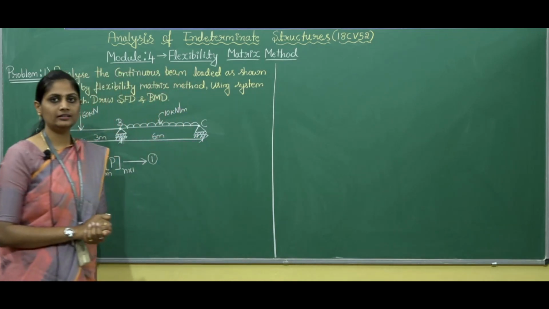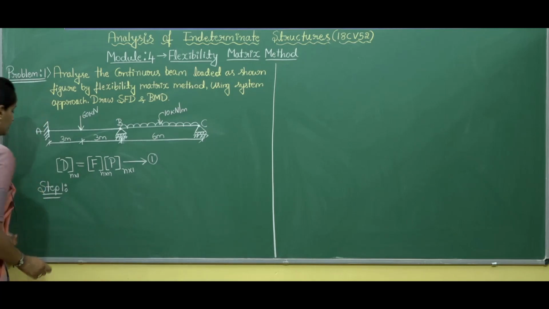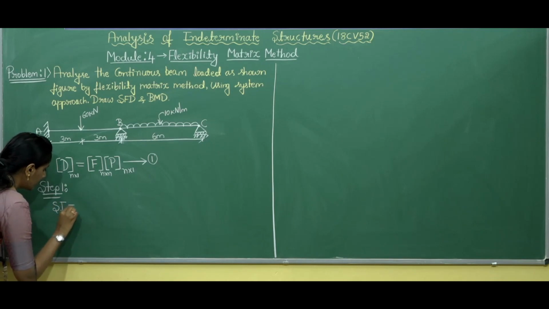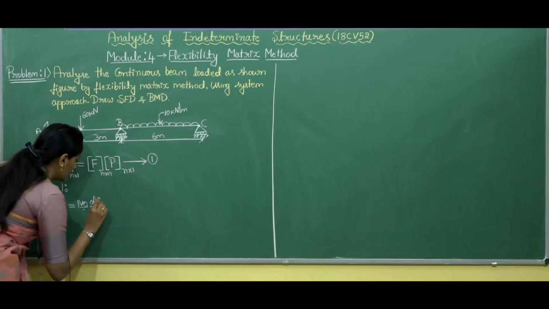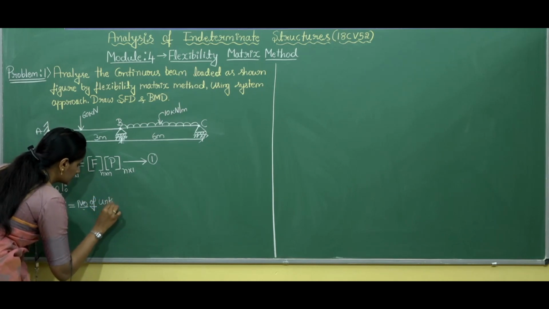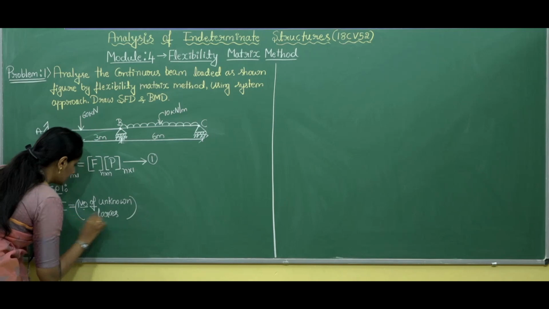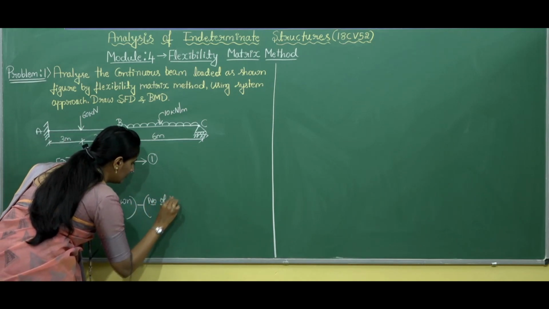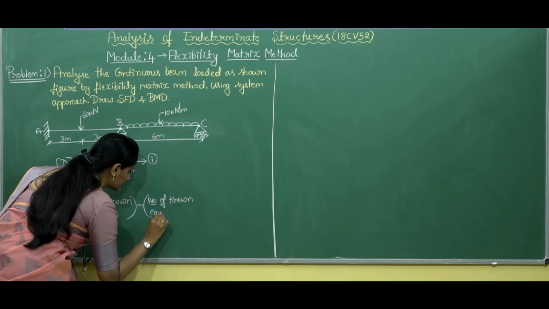So, let us find the degree of static indeterminacy. The degree of static indeterminacy is given by the number of unknown forces minus the number of known equilibrium conditions or known equilibrium forces.